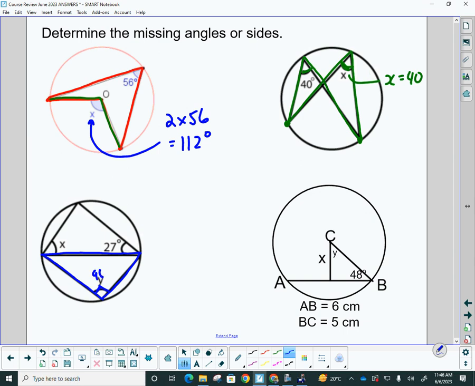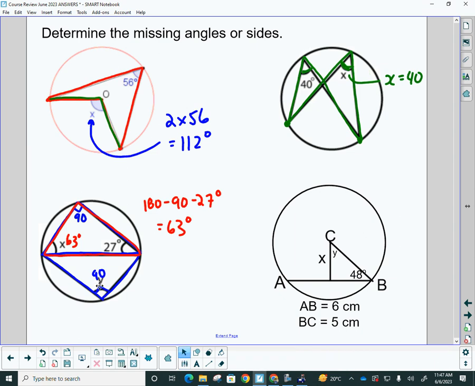So we know right away that that's 90 degrees. Similarly, this one over here also goes to the edge. So that is 90 degrees as well. Which means in this top triangle, we have 2 of the angles, and we just have to find the third. It's 180 minus 90 minus 27 gets us 63. And so this is 63.